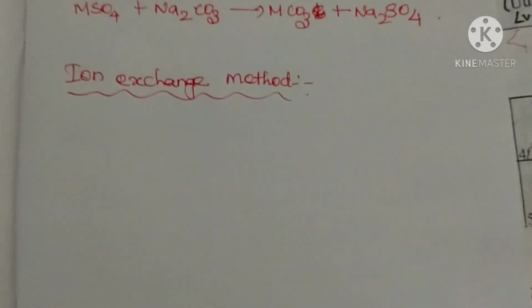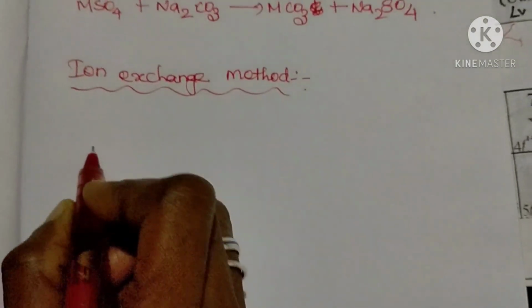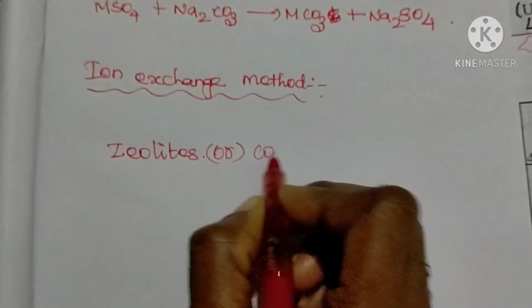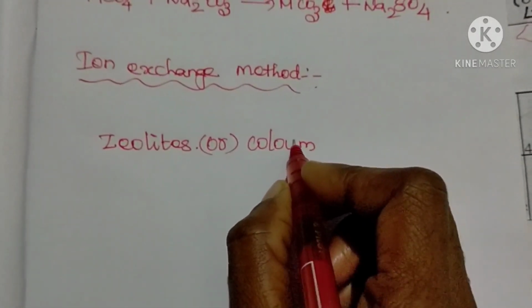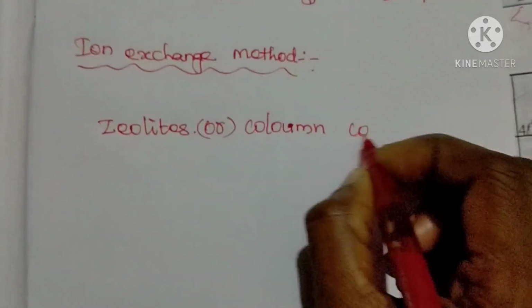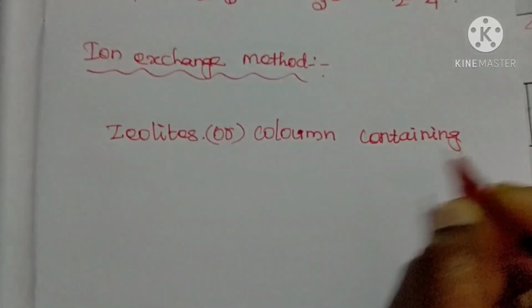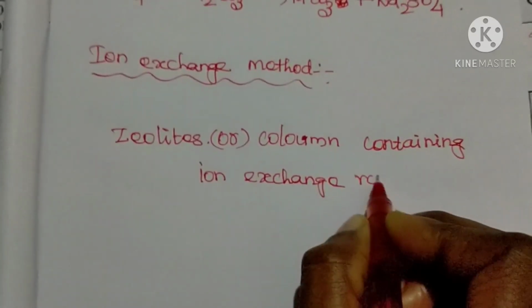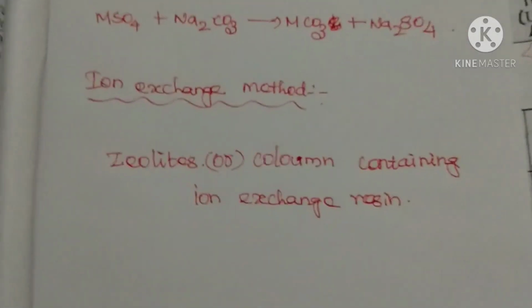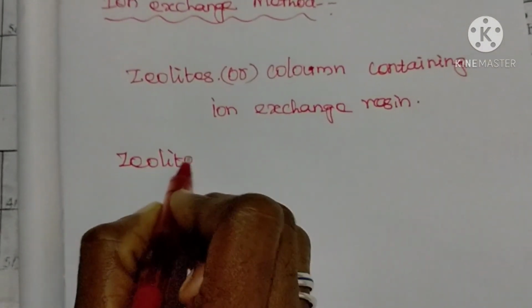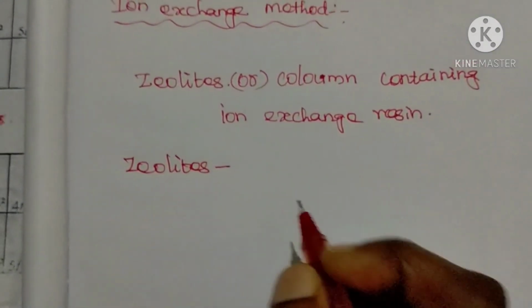In this method, we use ion exchanging or metal removing zeolites, using zeolite beds to remove the hardness, or a column containing ion exchange resin.